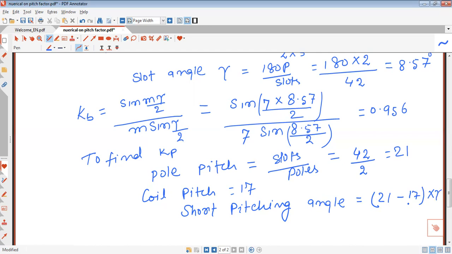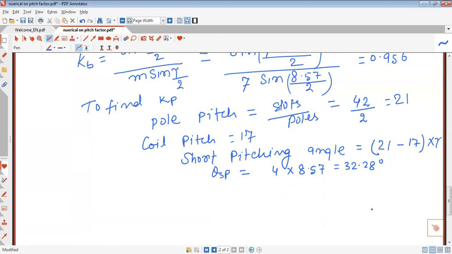Gamma we have already calculated as 8.57. After putting this value, we get 4 multiplied by 8.57. Gamma is given, so this value is coming 32.28 degree. So this much angle we have calculated as theta sp.